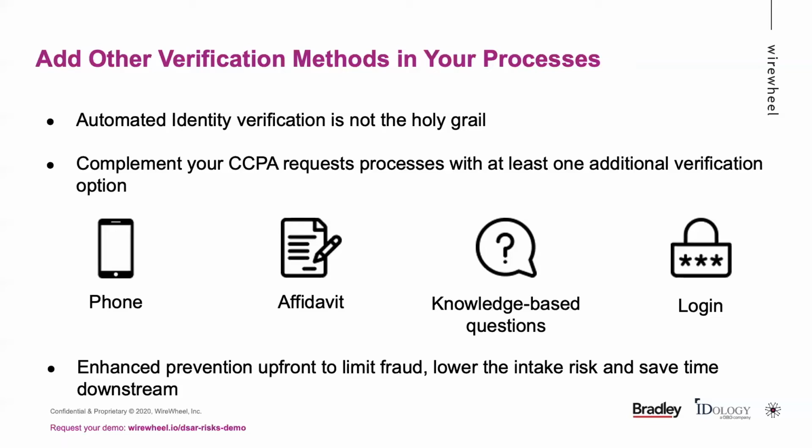So those are all different ways that customers are looking to do it, all based on the level of risk. That's why having tools like these is one way to enhance the prevention of fraud upfront. And then based on the categories of information, as Aaron said, and the sensitivity that goes with that, a company is able to scale up how much verification they apply and which tools to use. Next slide.